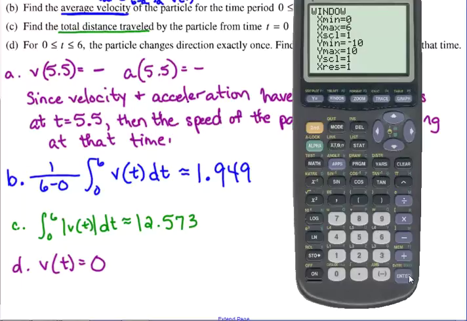So I'm going to change my x min to 0, my x max to 6. I can leave the y values. I'm just concerned about where it crosses the x-axis. Okay, so second calc, zero.